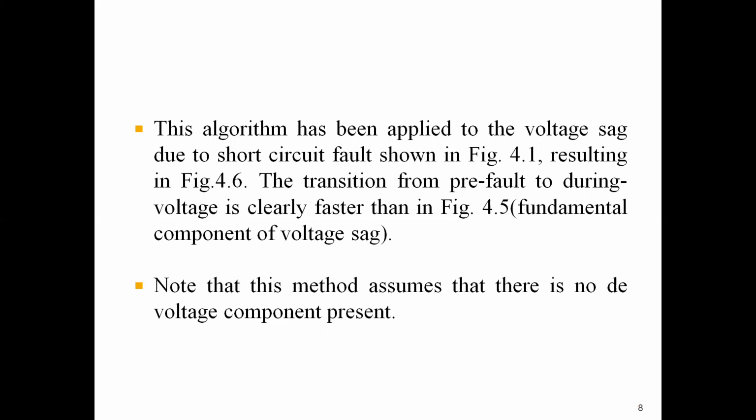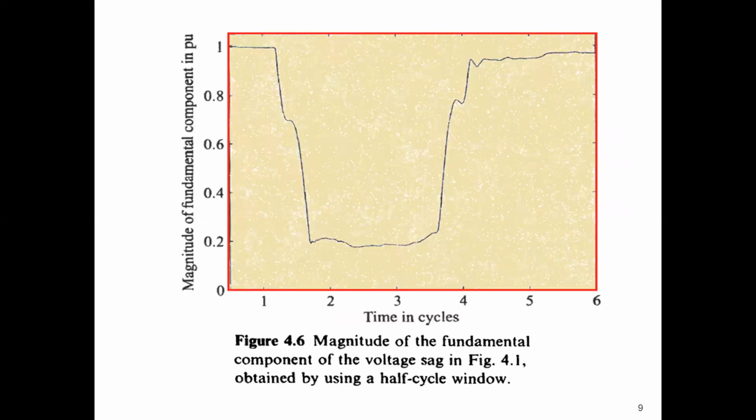The assumption that we have taken for this is that there are no DC voltage components available. You can check in this figure. This is the magnitude of the fundamental component using the half cycle window. What you can see is that the transition from normal to fault voltage is shorter.